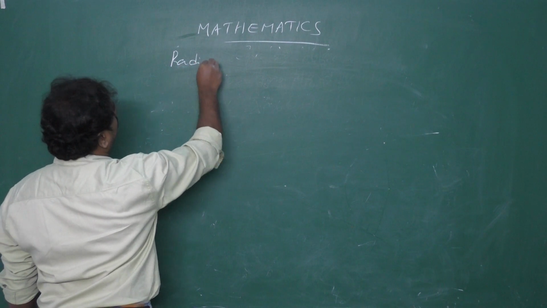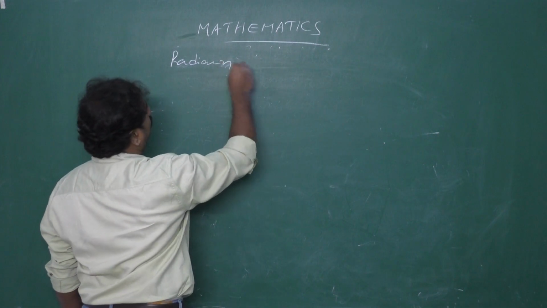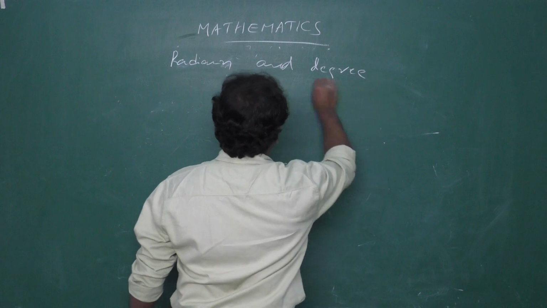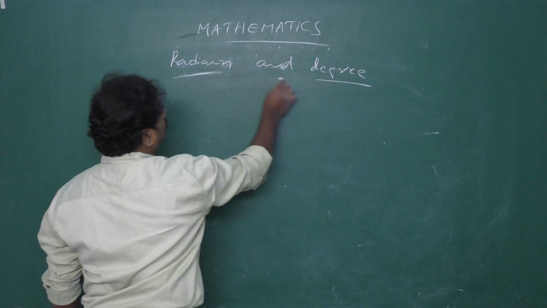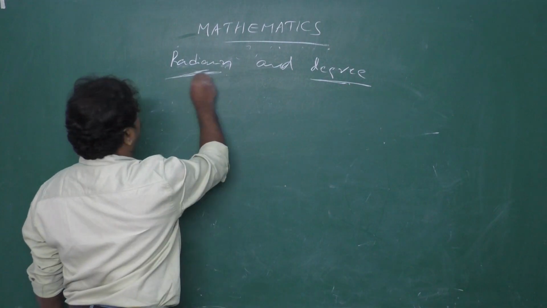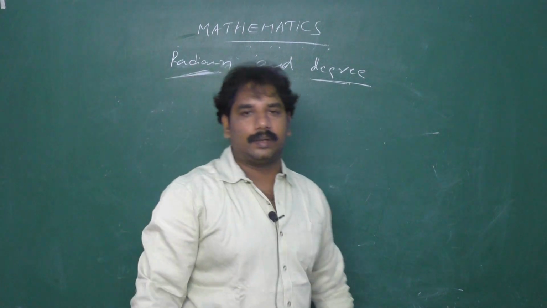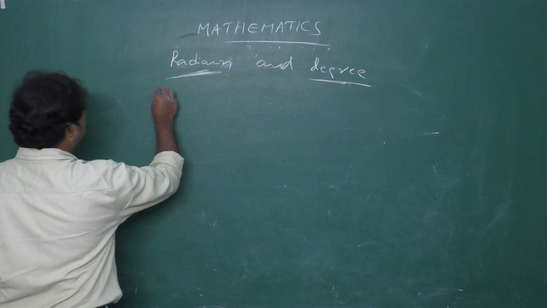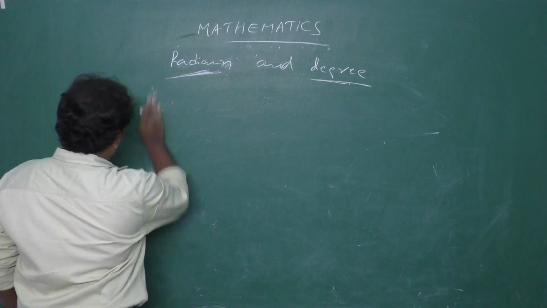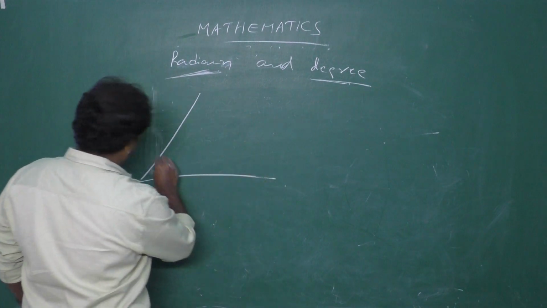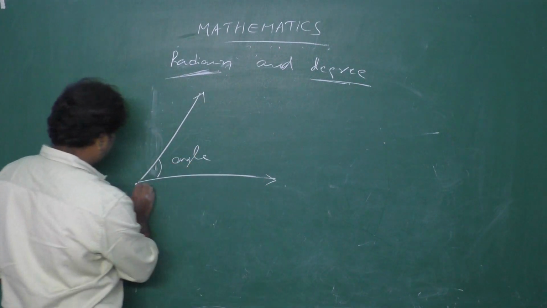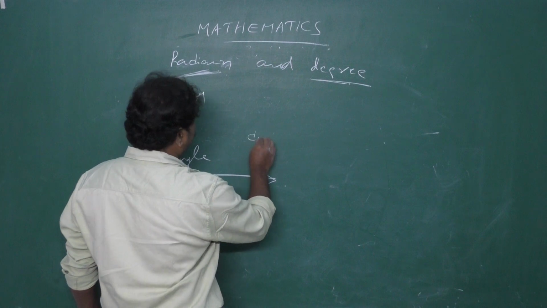Radian and degree. Actually, from 6th, 7th, 8th, 9th, 10th, we are learning about angles, generally measuring in degrees.